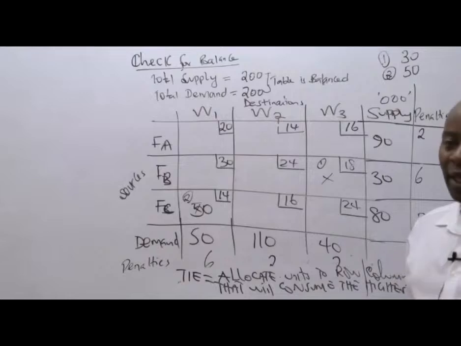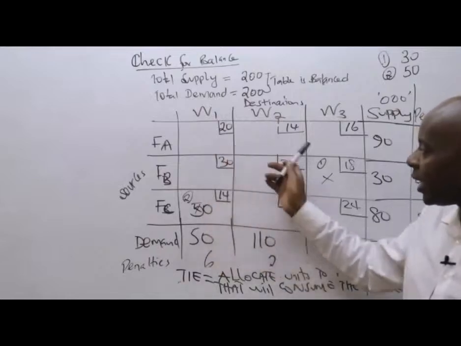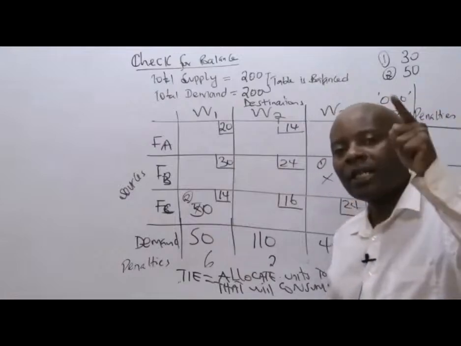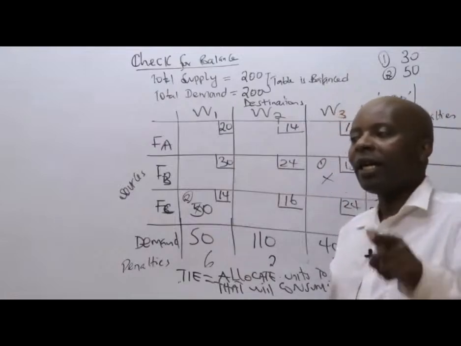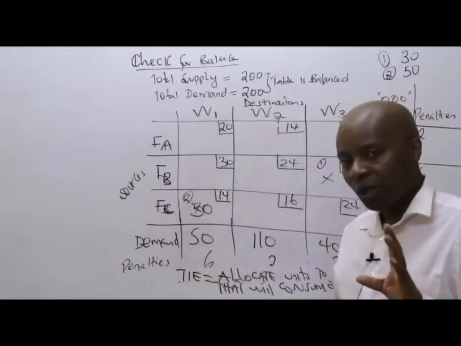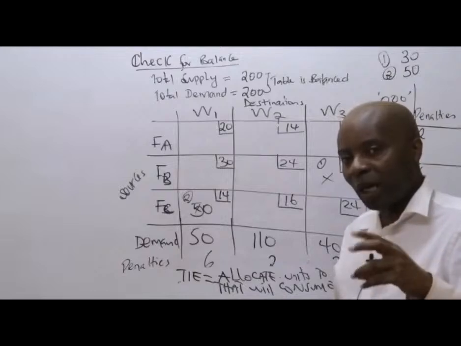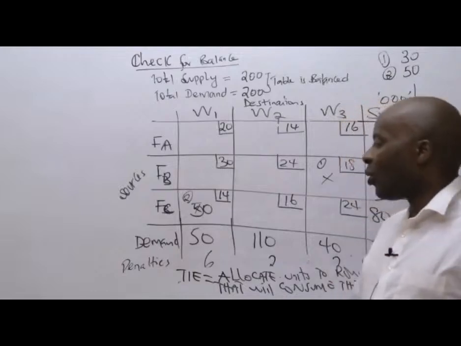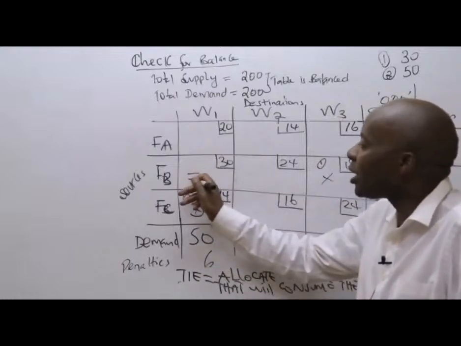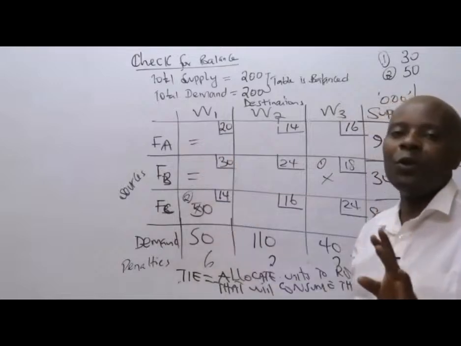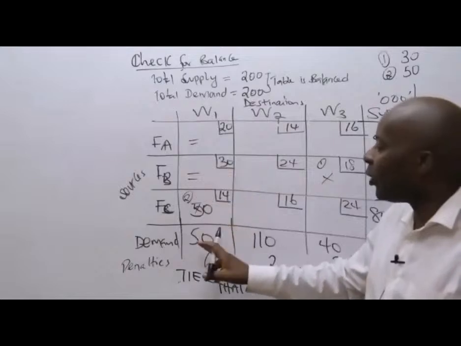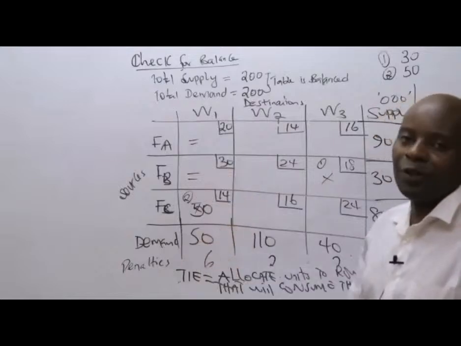Now listen here. When I put any figures inside these cells, we must always meet some total. Whenever we put any entry inside here, we must always meet some total. So we must analyze to see which total has been met. Like now here, we have met this total of 50, meaning that in the future, these two cells here will never accommodate any unit, not even one unit, because if you try putting one unit here, it will automatically surpass these 50.